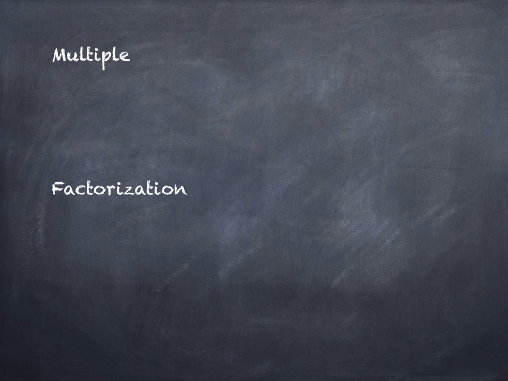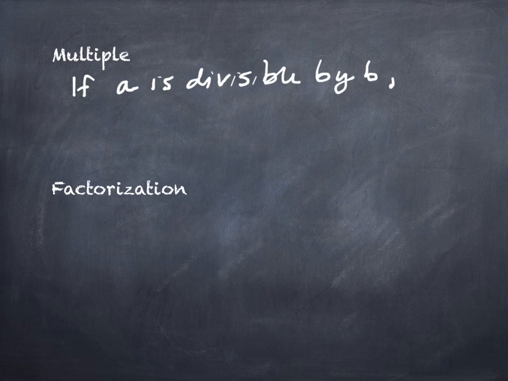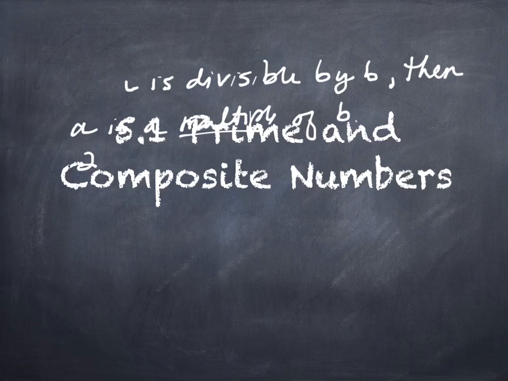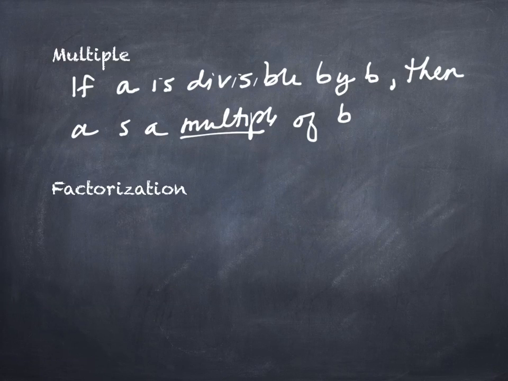If A is divisible by B, then A is a multiple of B. So take for example that 20. 20 is divisible by 4.